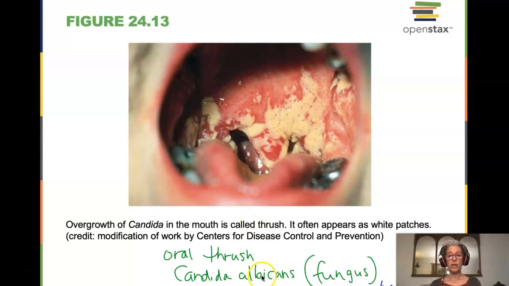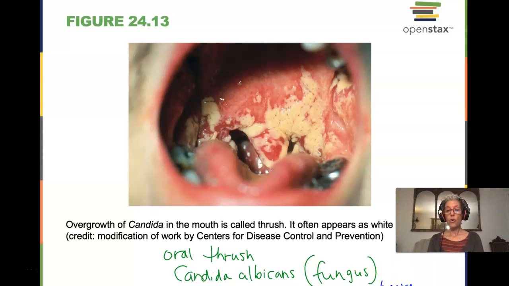It is a fungal infection, and it is typically caused by suppressed immunity or overuse of antibiotics or long-term use of antibiotics that are necessary for a person. The yeast can be a part of our normal flora, but if that is disrupted and the bacteria are reduced in numbers, then the yeast overgrow.